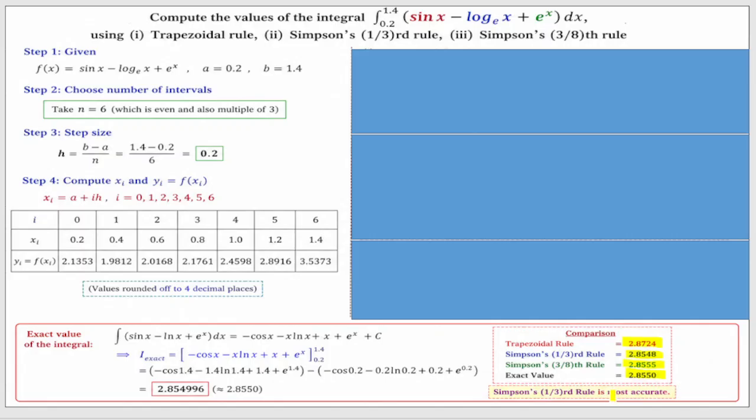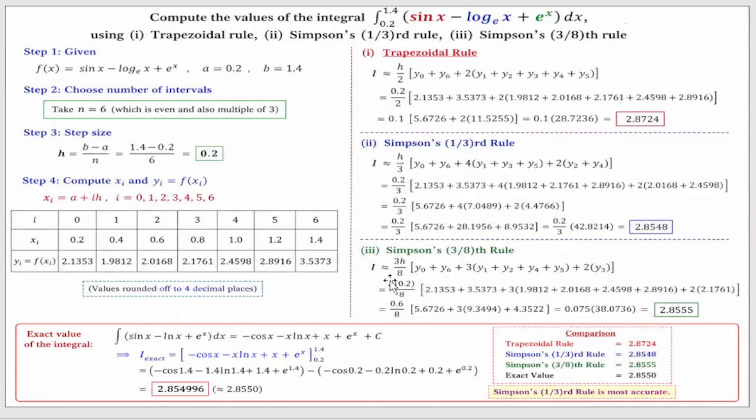Now, take a screenshot of this, everyone. This is very, very important for you. Here, all the steps are mentioned. First of all, you need to find the values of a and b, and identify f(x). Take n as 6 here. Then the step size is h = (b minus a) upon n. Then compute the values of y, rounded off to 4 decimal places.